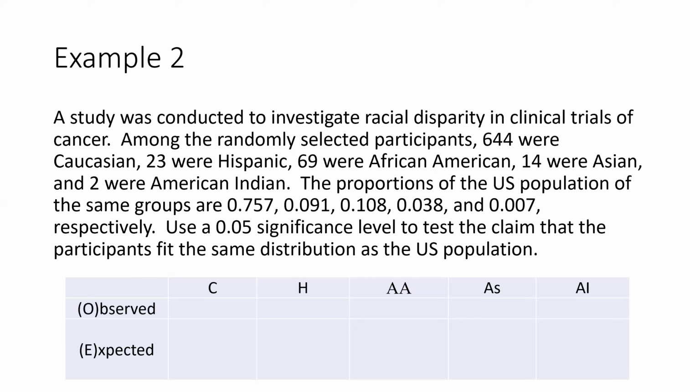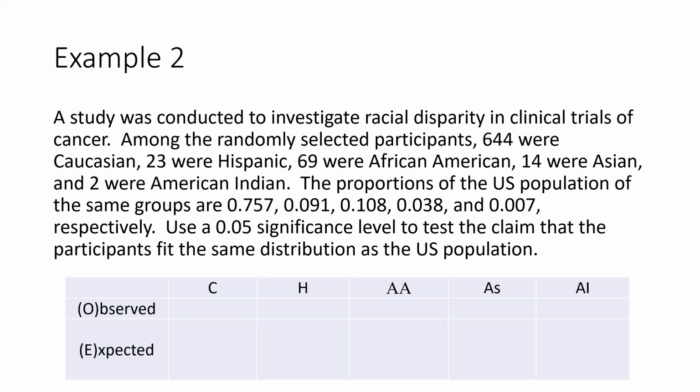So the proportion of the US population of the same groups are 75.7% Caucasian, 9.1% Hispanic, 10.8% African American, 3.8% Asian, and 0.7% American Indian.